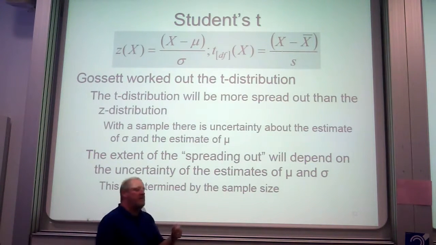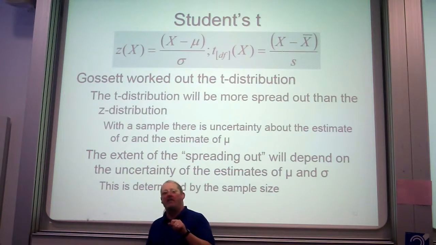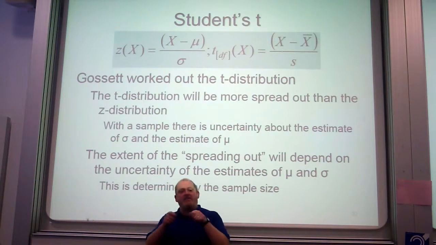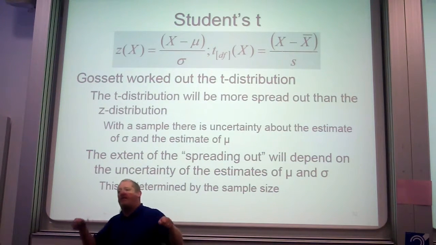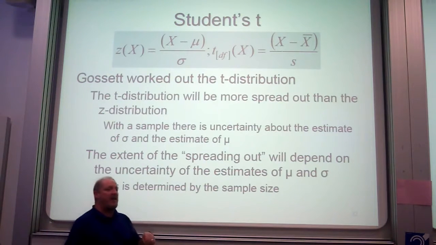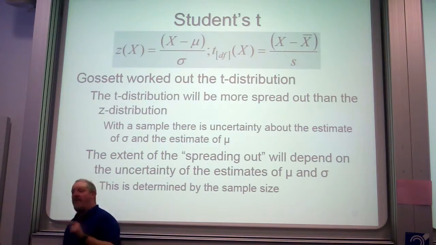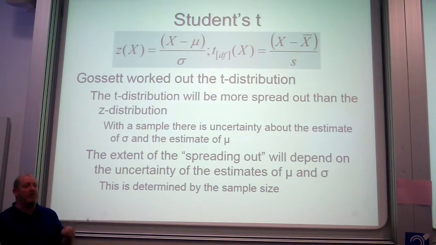Because we don't know exactly what the mean and the standard deviation are, it could be a little bit higher or a little bit lower, and that spreads out the Z distribution. And the amount that it spreads it out depends only on the uncertainty, which is determined by the degrees of freedom, the sample size.